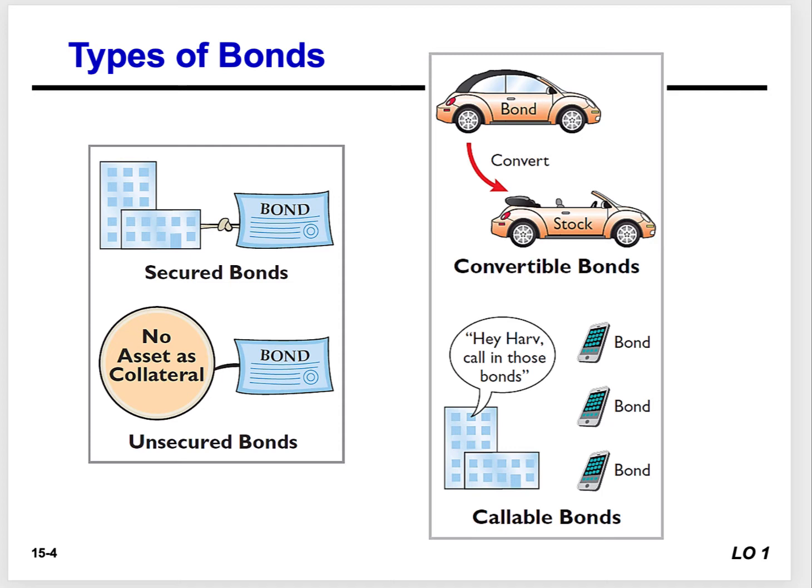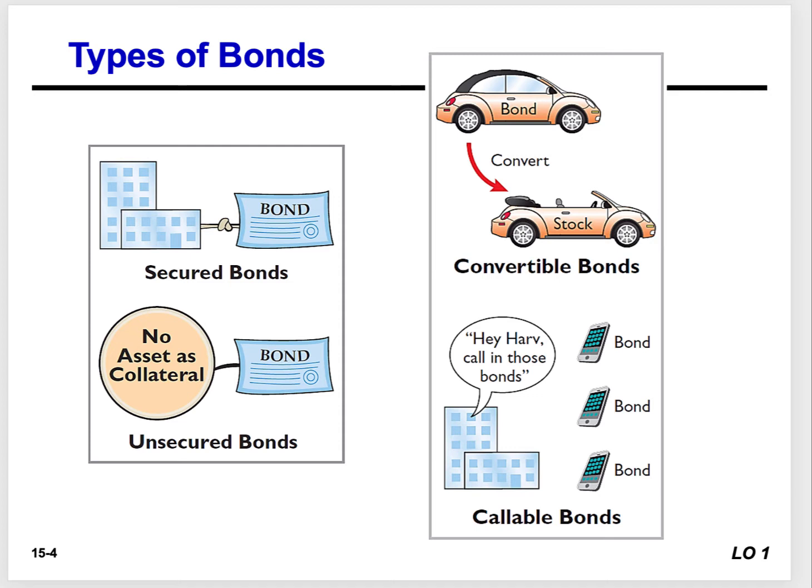A mortgage bond is a very typical type of bond that's out there. A mortgage bond is secured by real estate. I'm going to assume that none of you own homes, but when you get to that point, you're going to take out a mortgage. That mortgage is secured by the home or the property that you're buying.